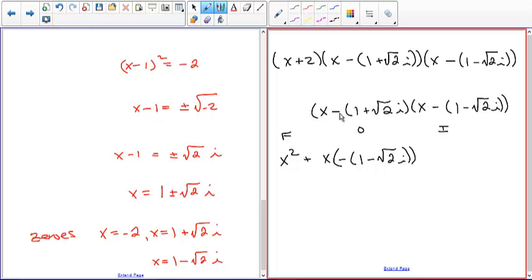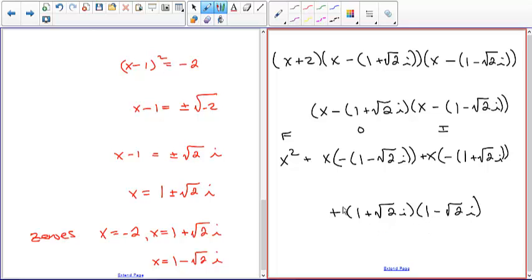So we get plus x times negative 1 plus the square root of 2i. And then you have negative times the negative, so that'll be positive. And then you have 1 plus the square root of 2i times 1 minus the square root of 2i. So those are the 3 terms.